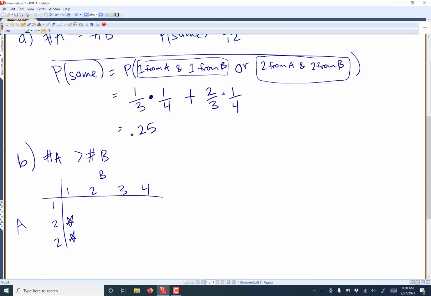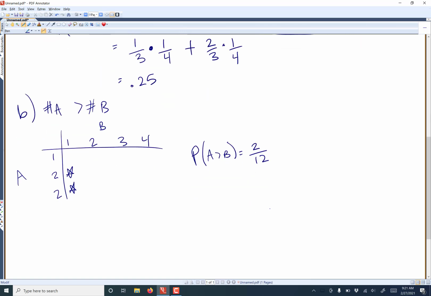But that's about it. If A is 1, you can't be greater than anything in B. And if you get a 2 in A, the only thing you're going to be greater than is 1. So there's only those two possibilities. So the probability of A greater than B, in this case, is just going to be 2 out of 12 possibilities. Or you can actually do it with your math.